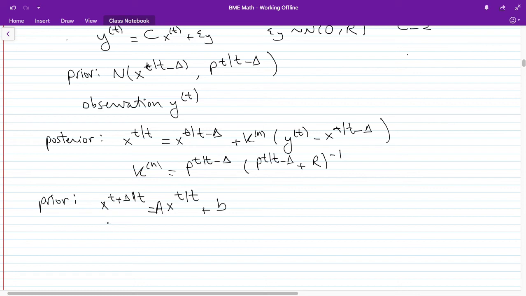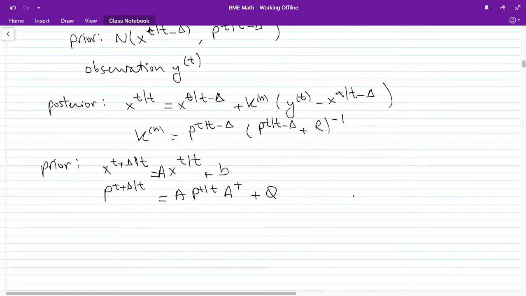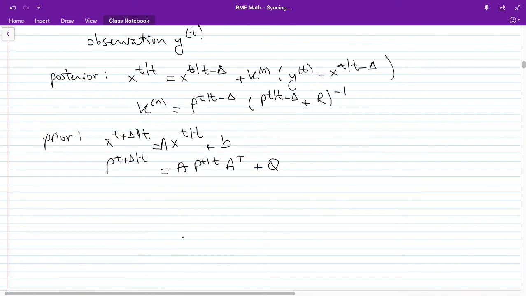And my prior uncertainty on the next trial is A P of t given t A transpose plus Q. Okay, so that's fine. That's the math.